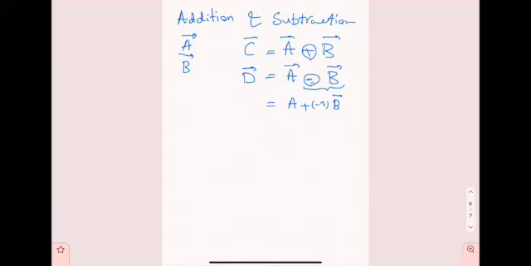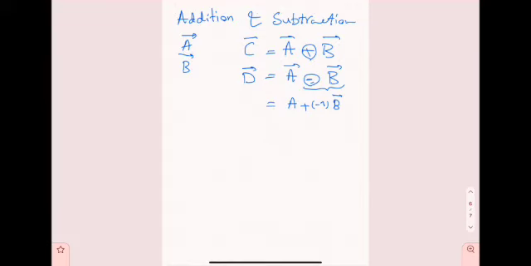But what I want to add is that it's not that we only do this easy addition and subtraction of two vectors, but we can also extend this to any linear combination. Yeah.